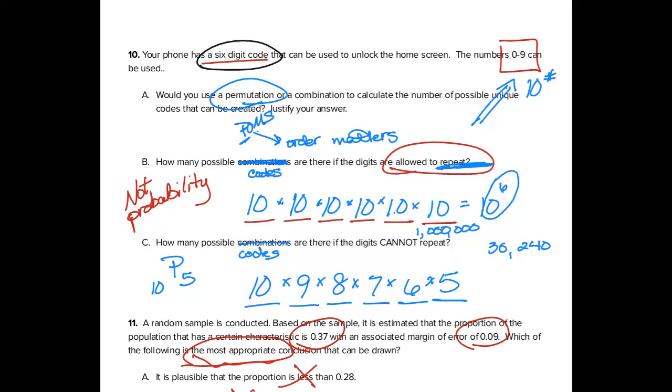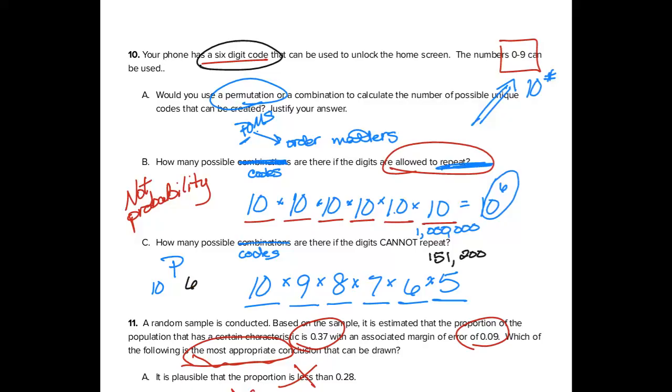You're right. It is 151,200. So Kareem, you were right. It is a permutation. Oh, we're not doing 5 at a time. We're doing 6. Silly, silly teacher.